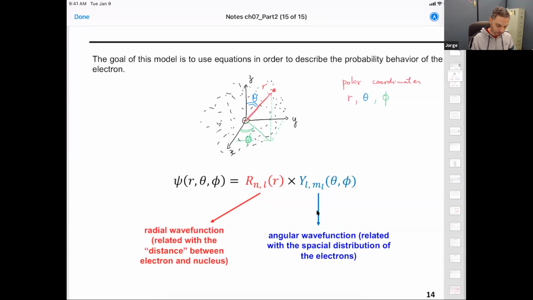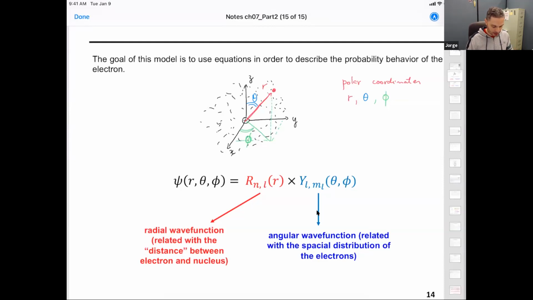Okay, so polar coordinates are much easier to manipulate than Cartesian coordinates x, y, and z. And that's the reason that we are going to use polar coordinates. So every time that you hear r, theta, and phi, this image here has to come to your mind.